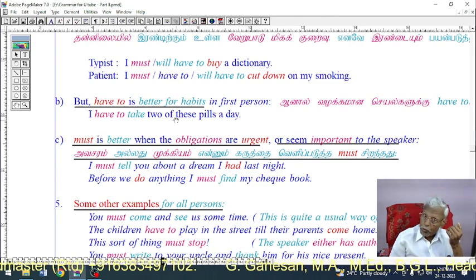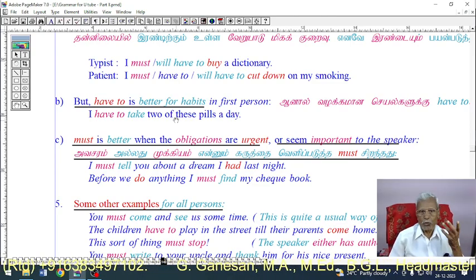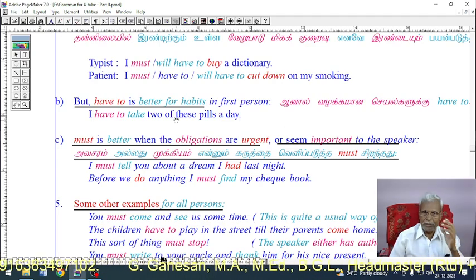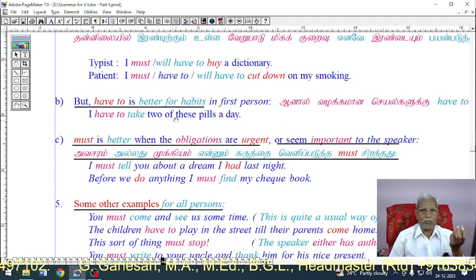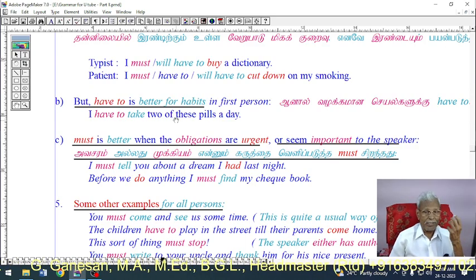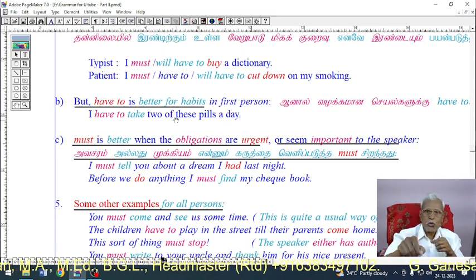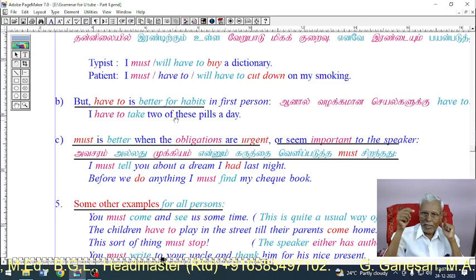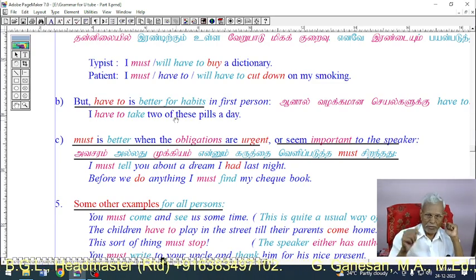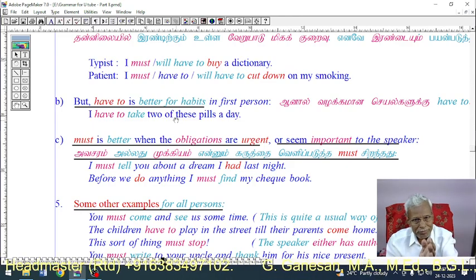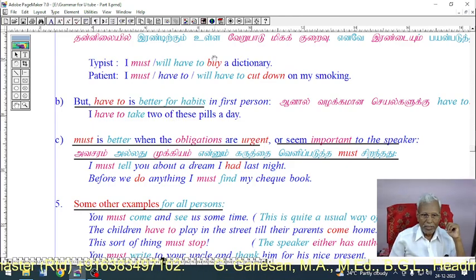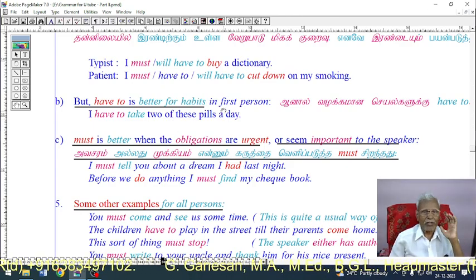But for habitual actions, the grammatical structure of English says that must is stronger than have to, but have to is better for habits.